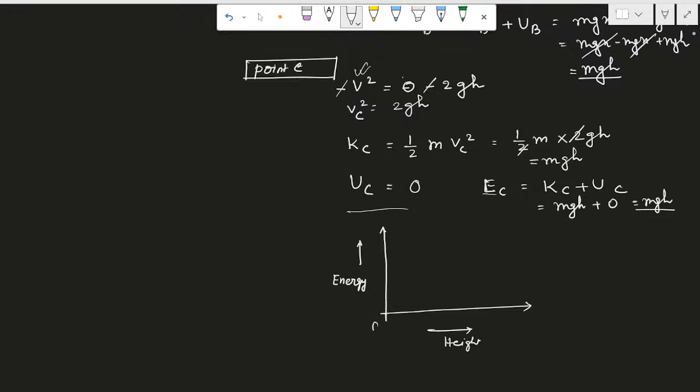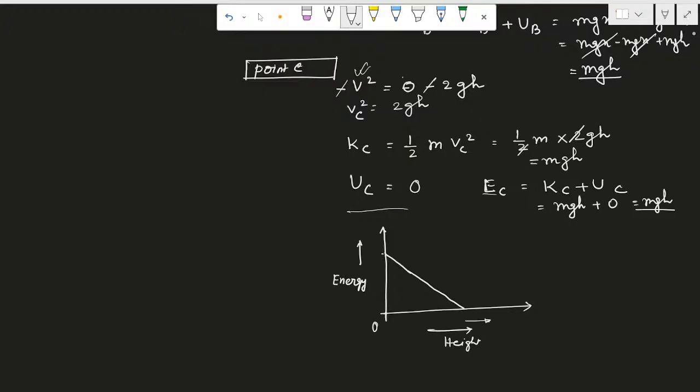So this is your 0. I'll start with kinetic energy. As the height increases, because the x-axis represents the height, the kinetic energy decreases from maximum to zero.